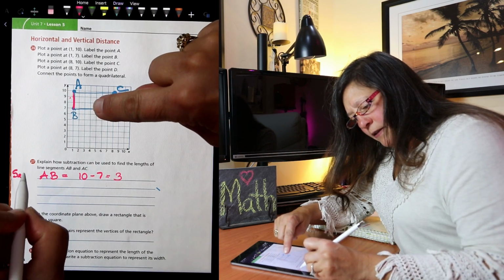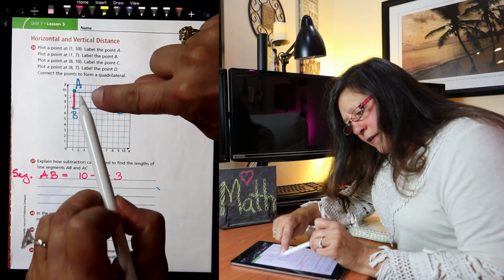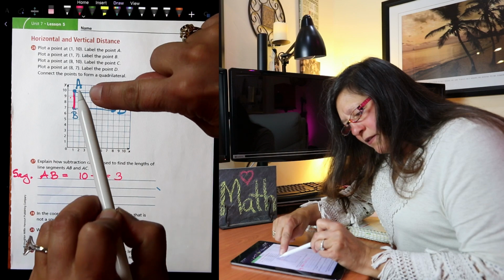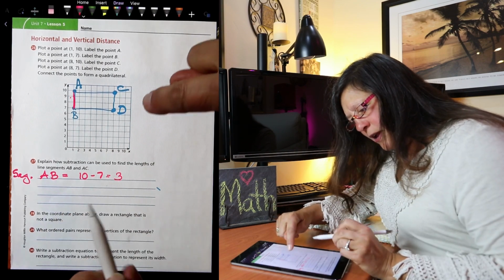So segment AB is your y coordinates, 10 minus 7 equals 3.